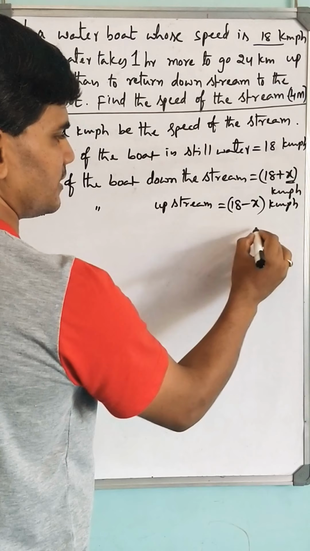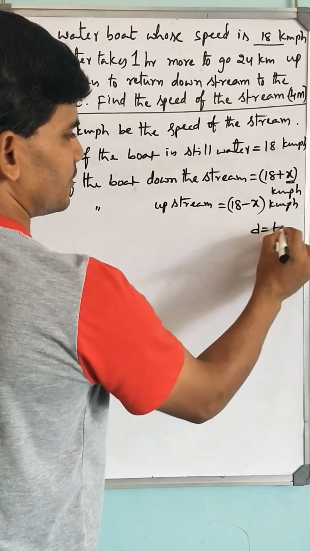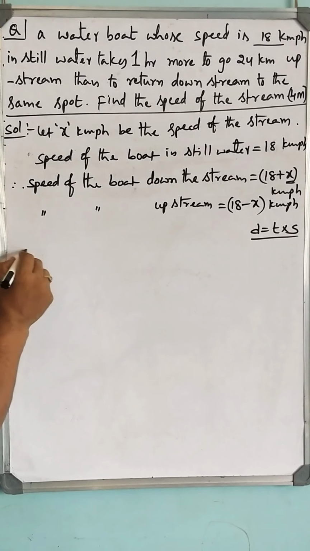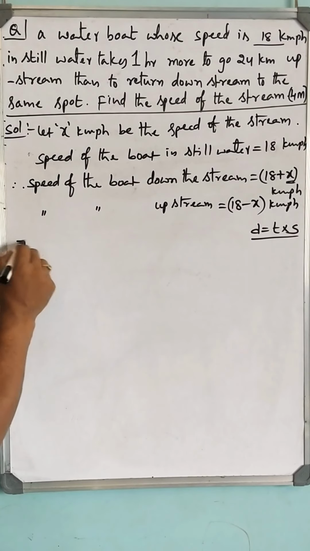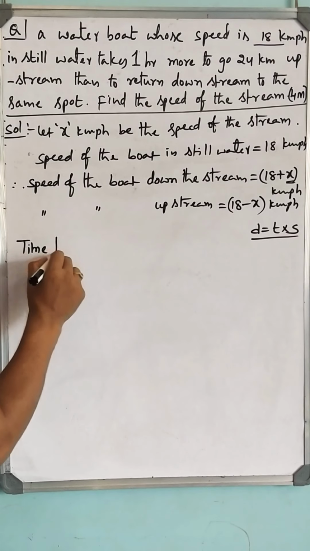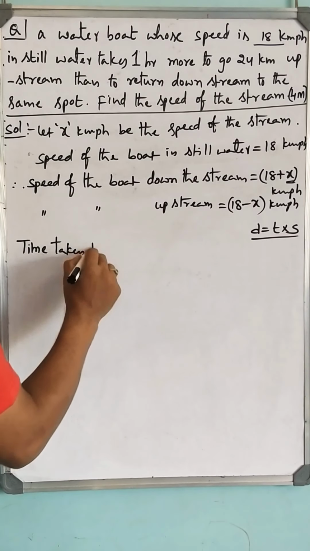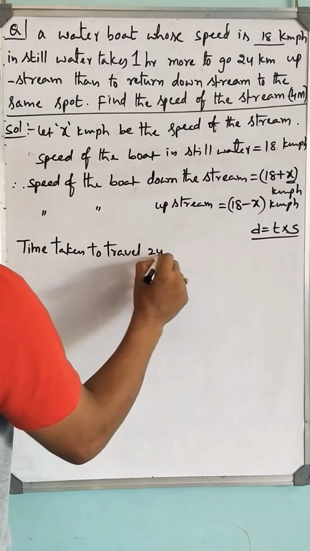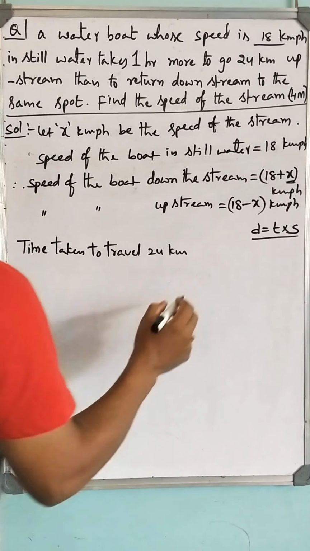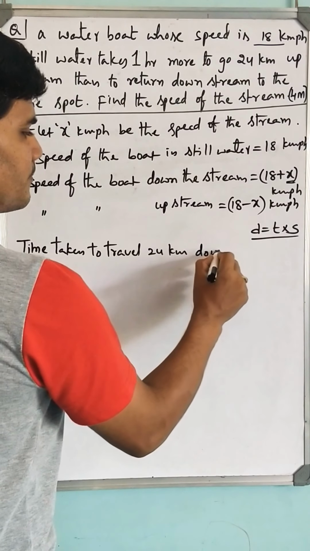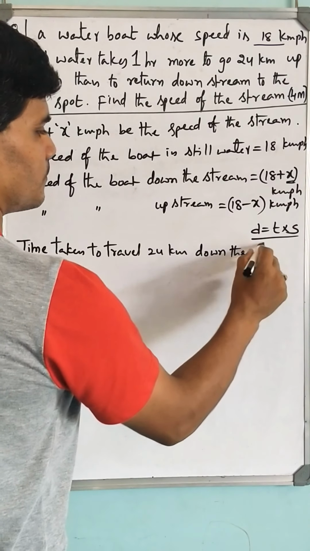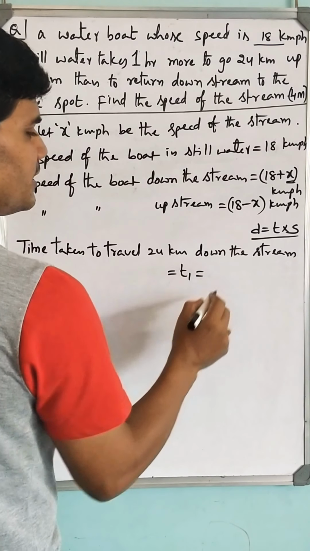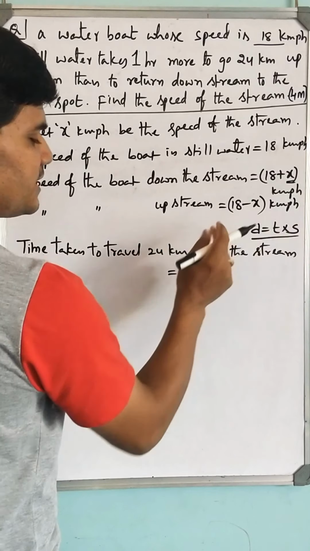Now we will use the DTS formula. Distance is equal to time into speed. Time taken to travel 24 kilometers down the stream is equal to, let it be some t1, time is equal to distance by speed.